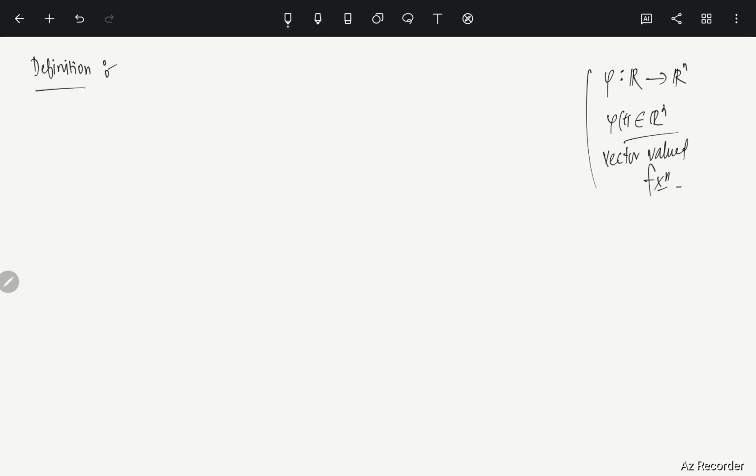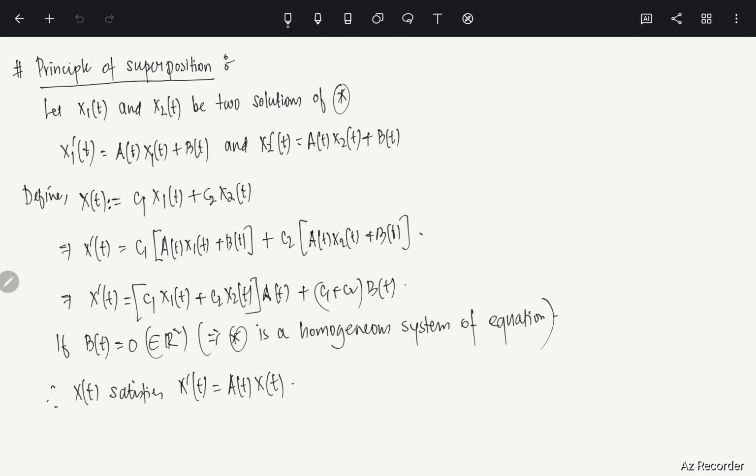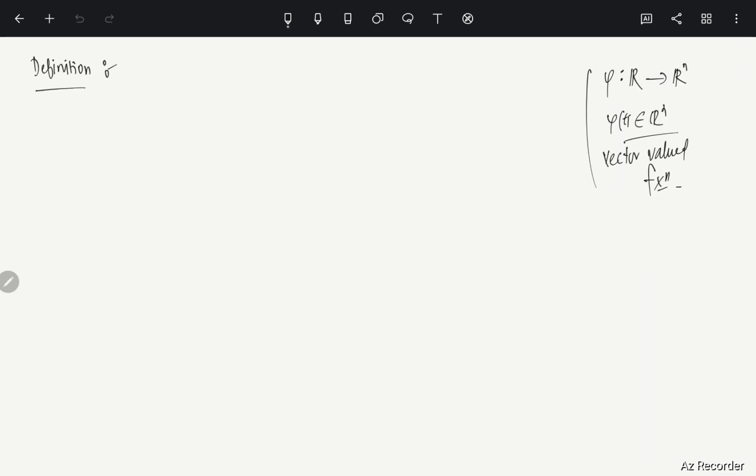So you do realize here, whenever we are saying something is a solution, this is a vector valued function. So you are dealing with vector valued functions here. Let's say the vector valued functions are x1(t), x2(t), ..., xn(t).